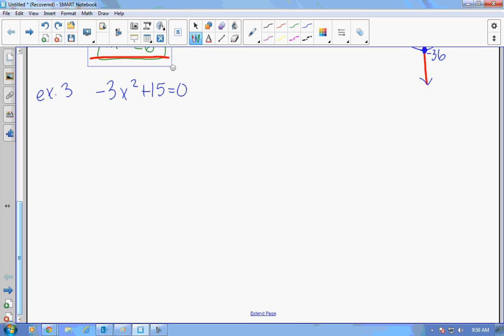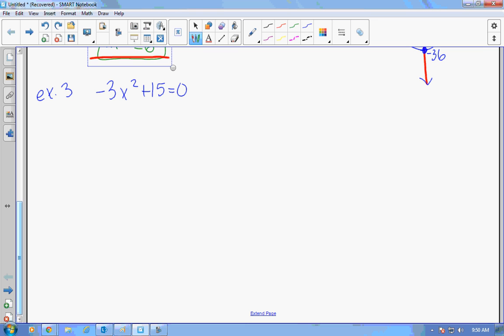Make sure you have a squared on that x. That's why you take the square root, is to get rid of the square. Okay, you should put squiggles. Squiggly equal sign because it's not an exact value, right?